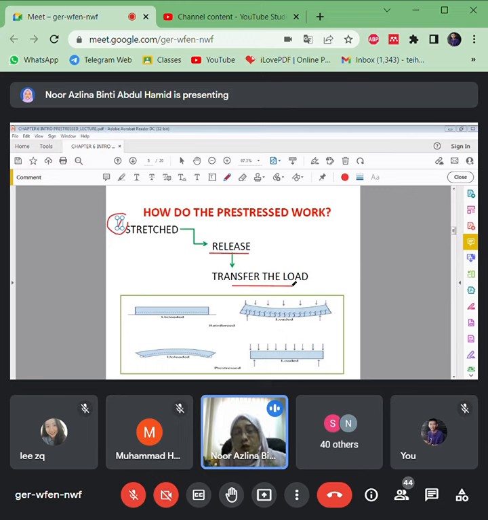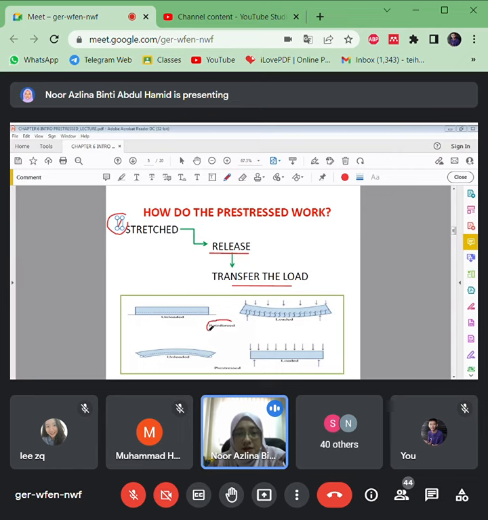It's like we twist the object. That means we transfer the load, so the object is more in a compression state here. Right, so these are the basic things for the pre-stress process.